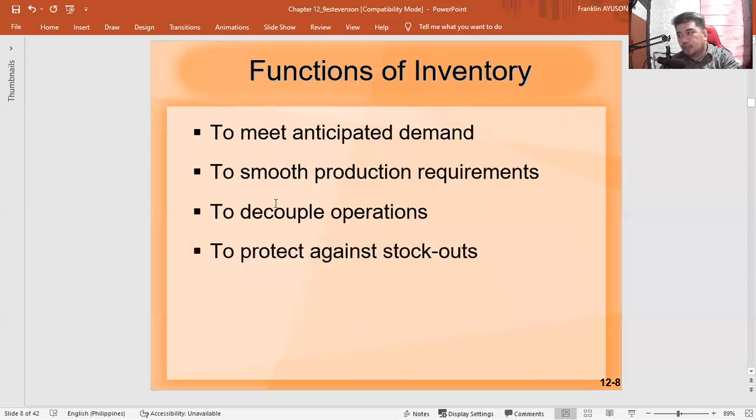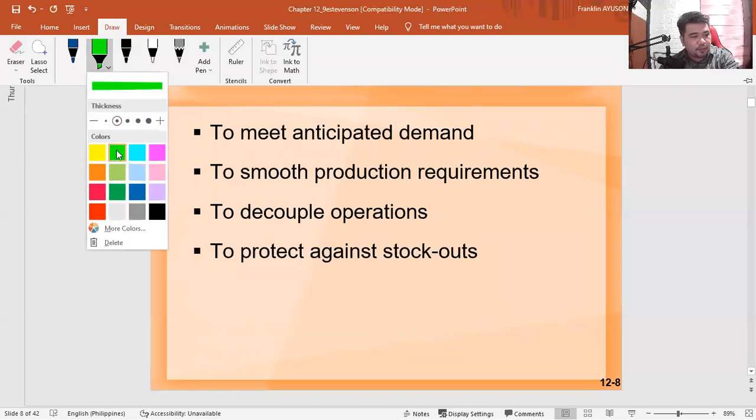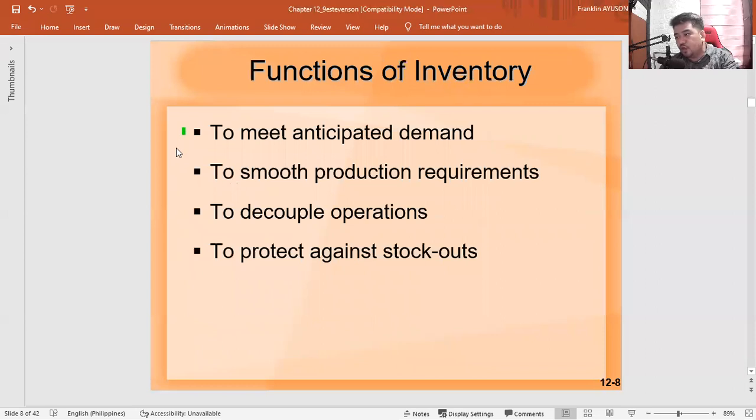Now, why do we need to understand the concept of inventory? Because inventory may have different functions for the organization. Maintaining inventory could simply mean, number one, anticipating demand, or smoothing product requirements.